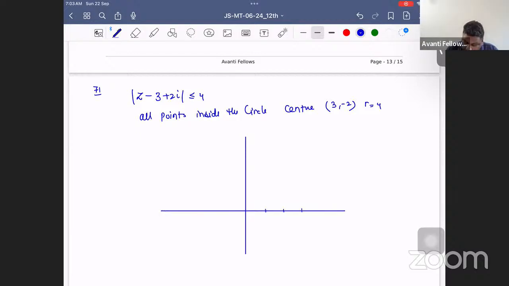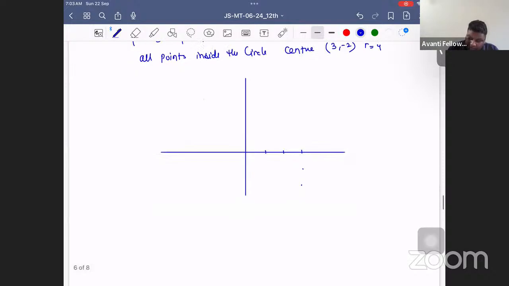1, 2, 3, minus 1, minus 2. Center is 3 comma minus 2. See, the distance between them is root 13.